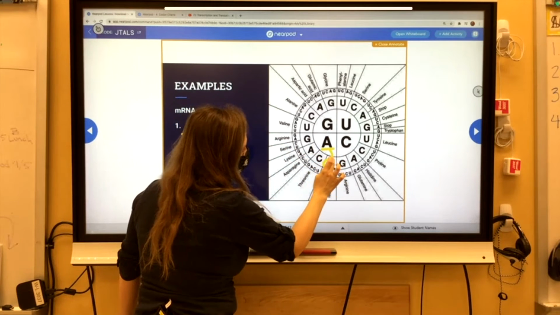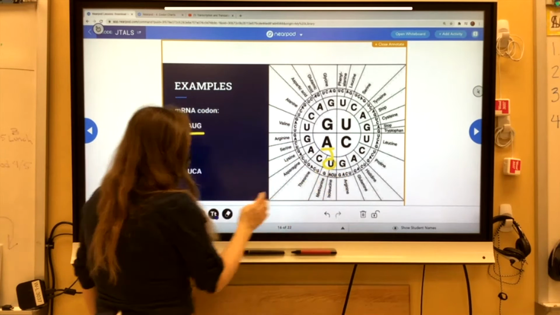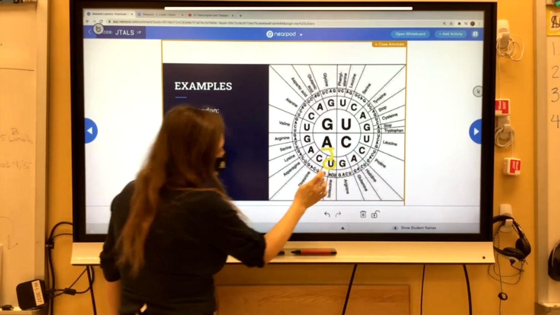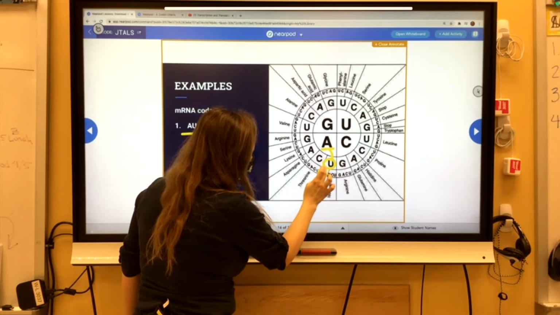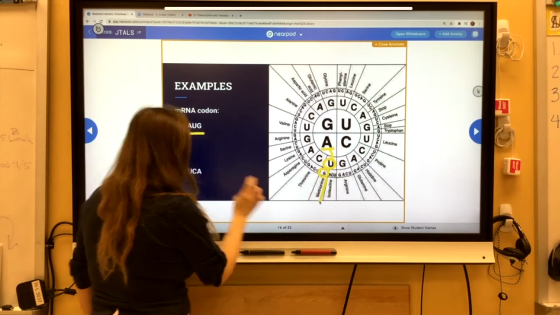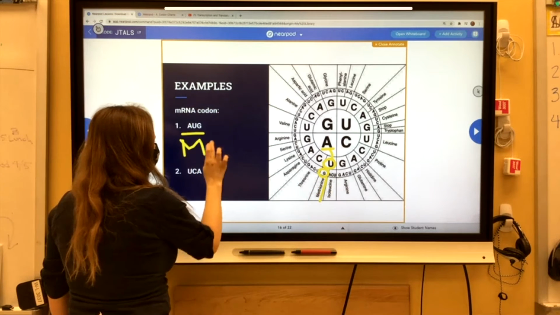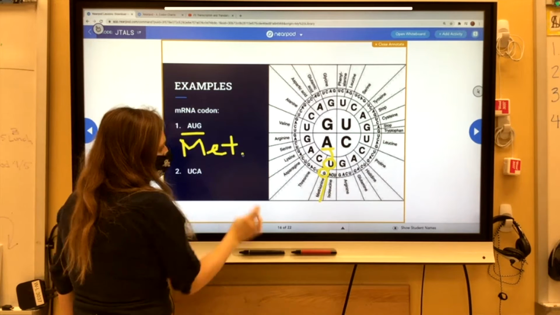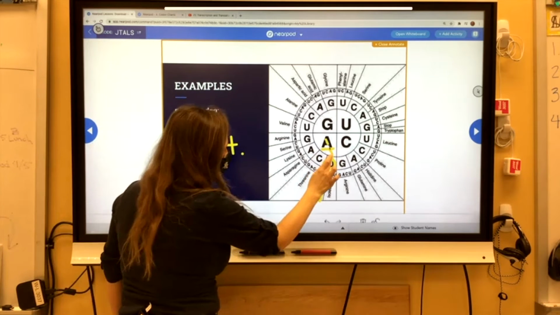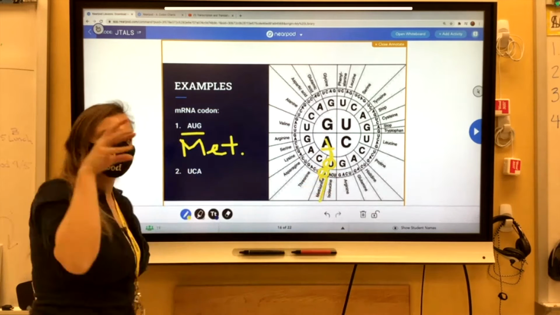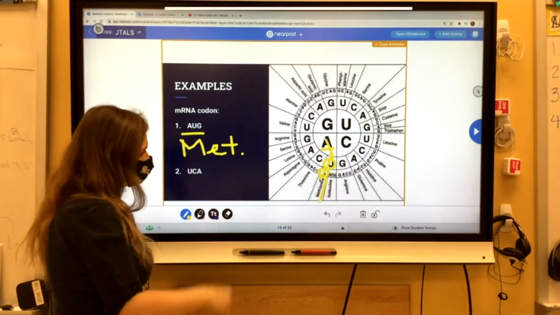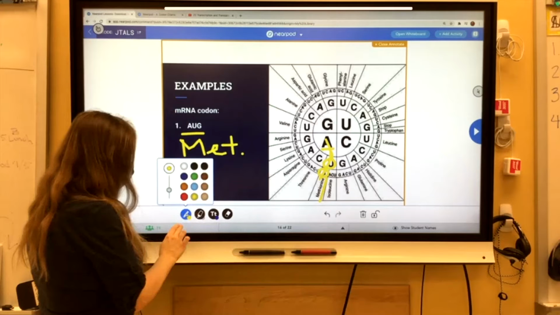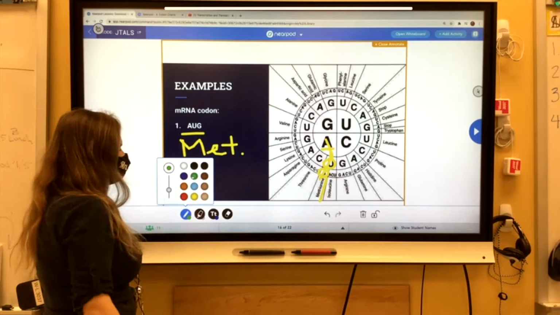You can see it. And then I need my last letter, which is G. So this codes for methionine. All right. And you can see I found a path out of the center of the circle. I'm going to do another one for you, and then it's going to be your turn to practice.